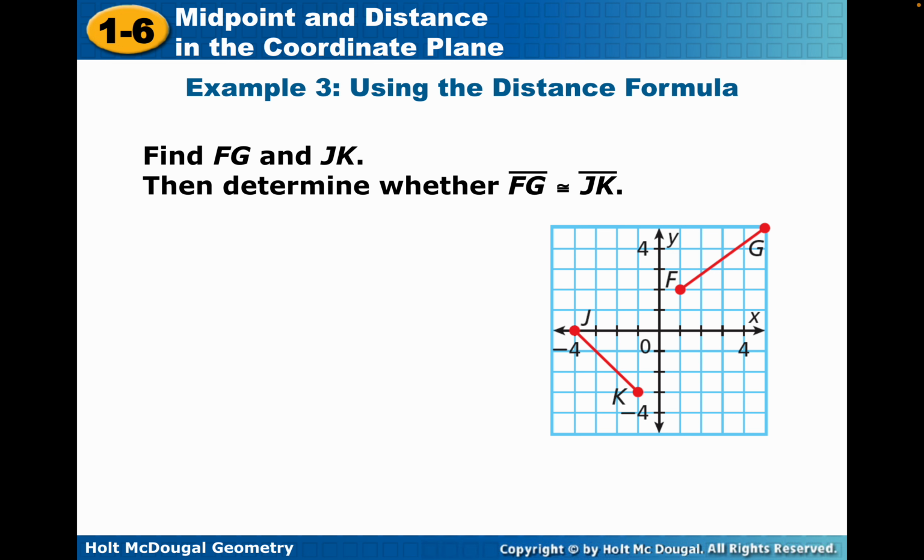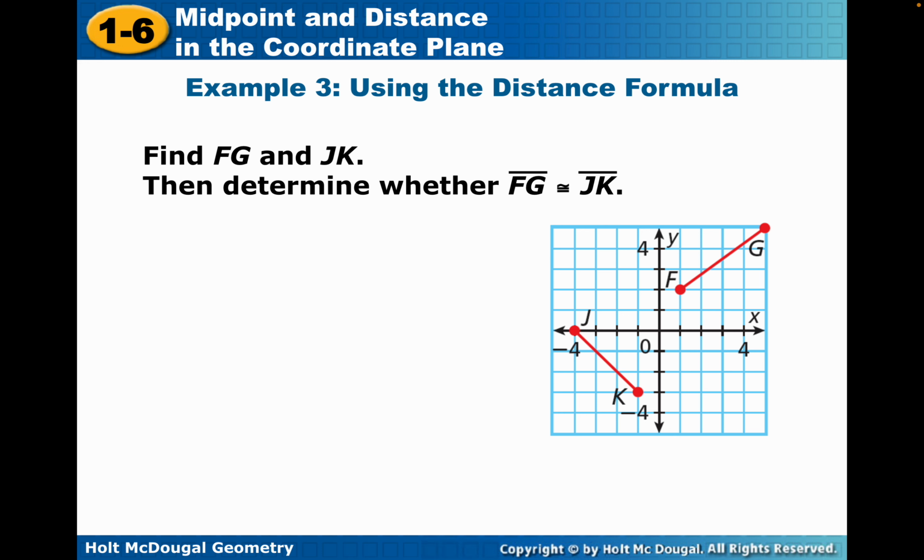But can anyone tell me what are our coordinates going to be for G? Yeah. 5, 5. All right, Jordan, what about F? 1, 2. Okay, J? Who can tell me what J is? -4, 0.